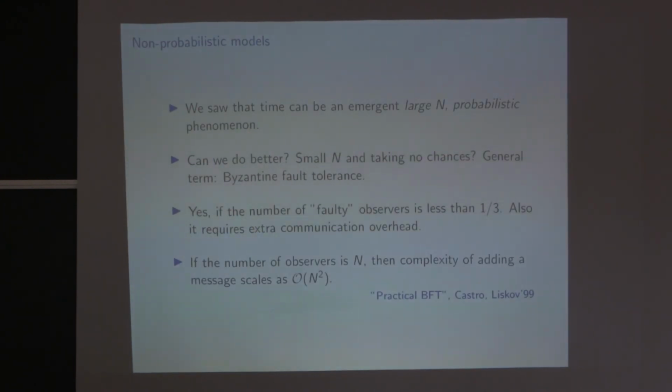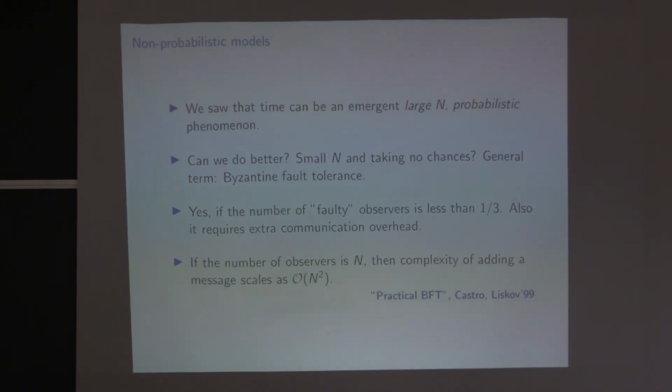So what we saw so far is that time can be an emergent, large-chain probabilistic phenomenon, meaning that I need many observers. And even in this case, the current state of things is not defined with probability 1. There is a small chance that recent events might change. The question is, can we do better? For example, if we have a small number n of observers and we want to make sure at each time step what happened or what did not happen.